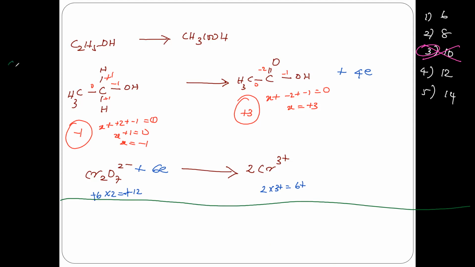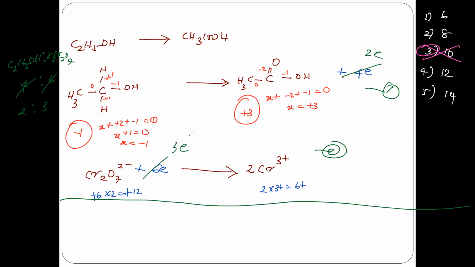So when you take C2H5OH to K2Cr2O7, your electron ratio is 4:6. So you can reduce it to 2:3. Take it as the small one. Now you can multiply this equation, this as a 2, this as a 3. Now you can interchange.